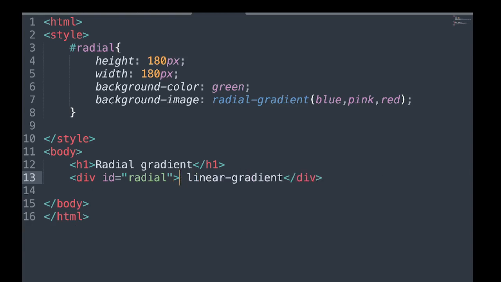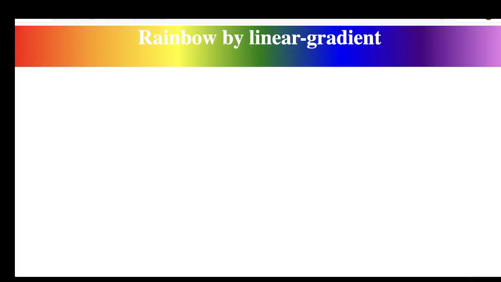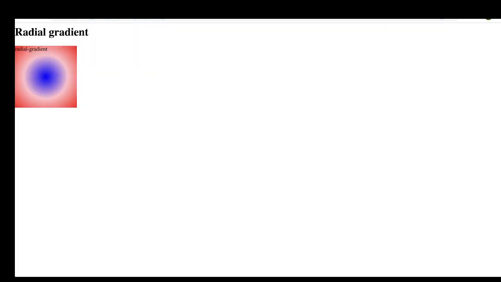This shows the radial gradient. Save this file and see the result on the browser window. This shows the radial gradient.